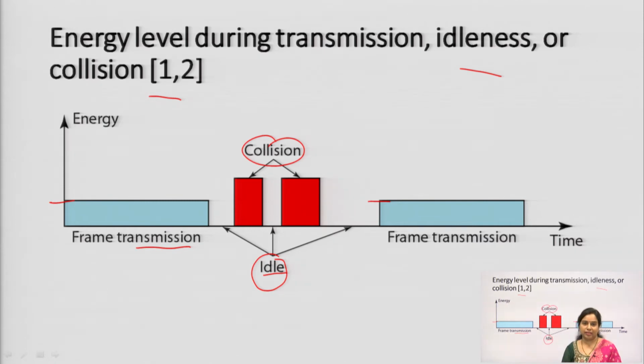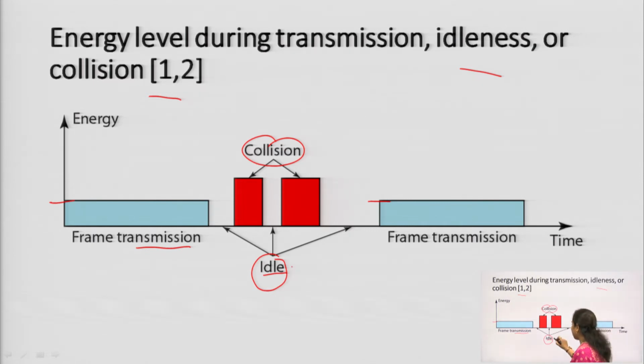Whenever the collision has taken place, definitely the energy will increase, it is higher as compared to frame transmission, because in frame transmission the data is transmitted at a very constant rate and it does not fluctuate. But whenever the collision has taken place between 2 stations, 3 stations or 4 stations, then definitely the energy will increase. So, that is the case for collision.